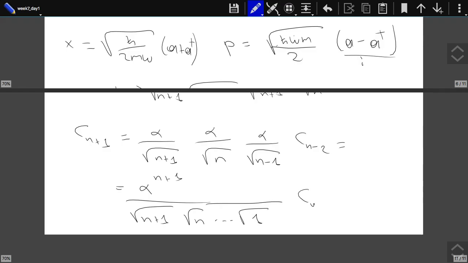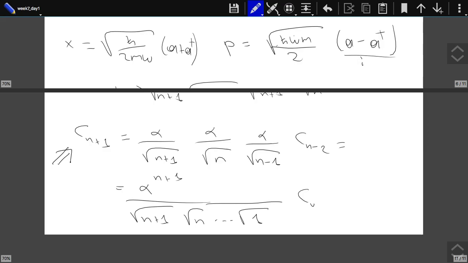You see, if you follow the pattern, the difference between n plus 1 and n minus 2 is 3, so I have 3 factors of alpha. If the difference is n plus 1, I will end up having n plus 1 factors of alpha. That's how I know that the coefficient contains alpha to the n plus 1.